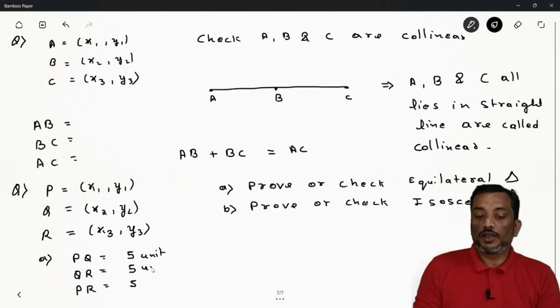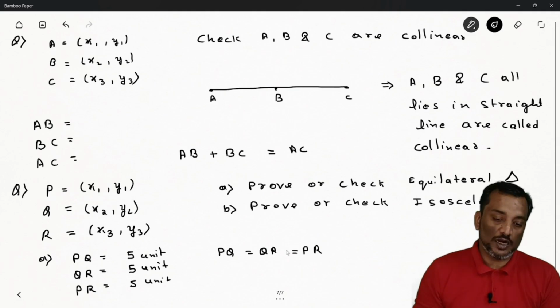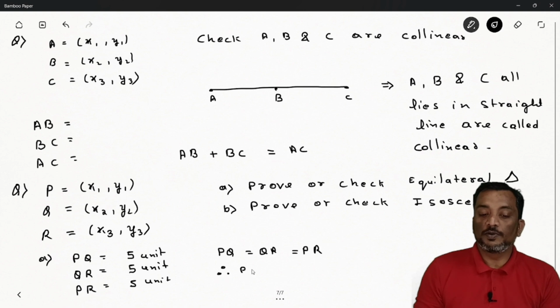You know an equilateral triangle means all the sides are equal. So here you can say PQ is equal to QR is equal to PR. Therefore, we can say PQR is an equilateral triangle. Hope you understand this one.